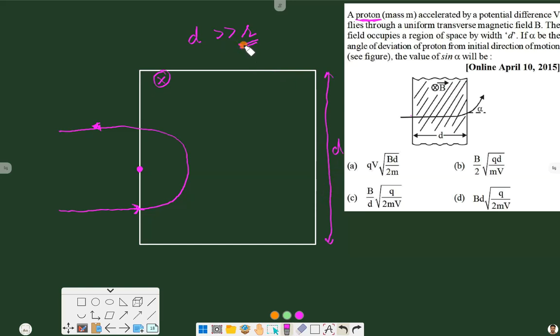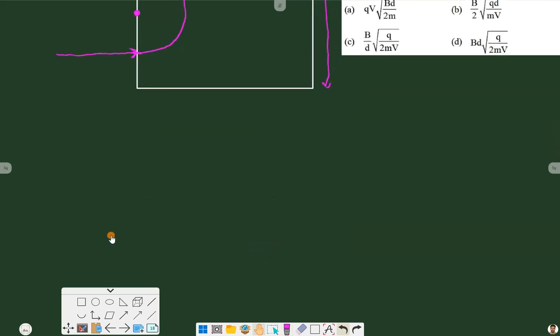It depends upon what is provided, but according to whether d is greater or lesser, we have to make different assumptions or use different techniques to solve the question. Like in this question, it is shown that the particle is escaping, which means d is smaller as compared to the radius. Let me draw it again in a different manner.